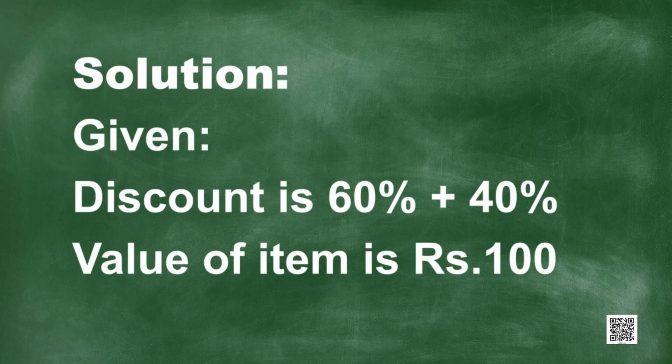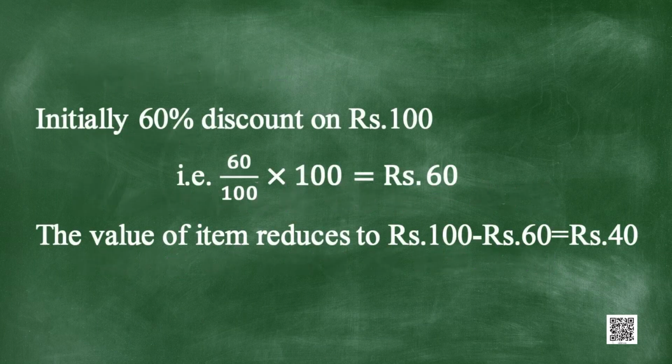So, let us write down the given data. Given that discount is 60% plus 40% and value of an item is rupees 100. Now, it is clearly mentioned that 60% plus 40% discount will be given. Upon applying the 60% discount on rupees 100, the value of the item reduces by rupees 60, so the value of the item will be rupees 100 minus rupees 60, that is equal to rupees 40.